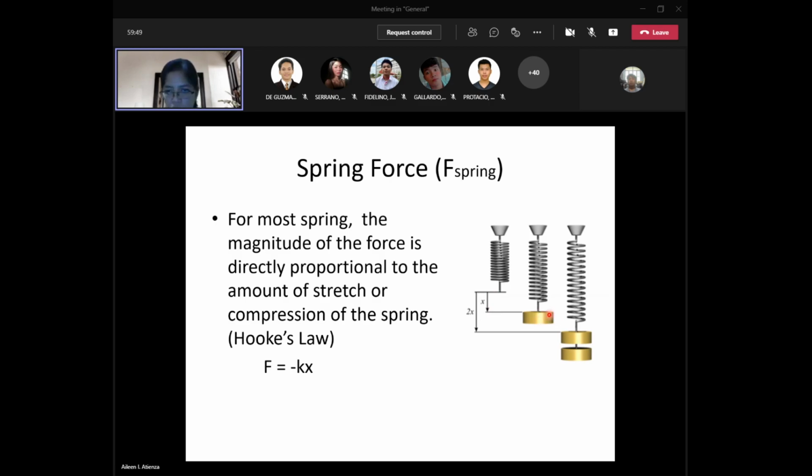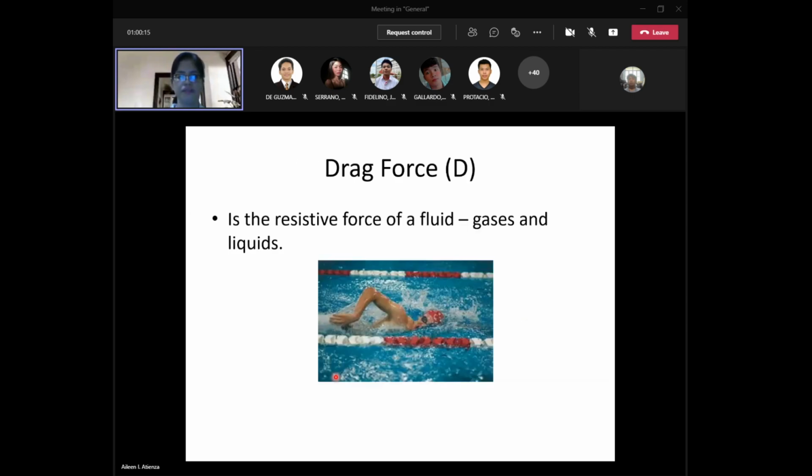If you double the mass, you also expect twice the displacement of the spring. So mathematically, you can simply have the spring force by getting the negative of the spring constant K multiplied by the displacement X.